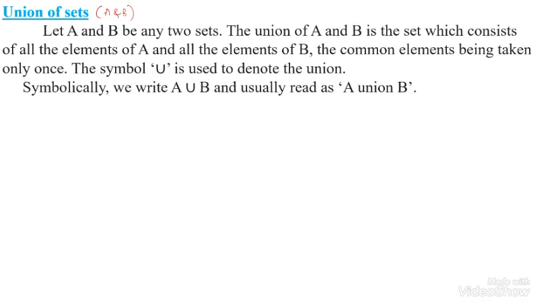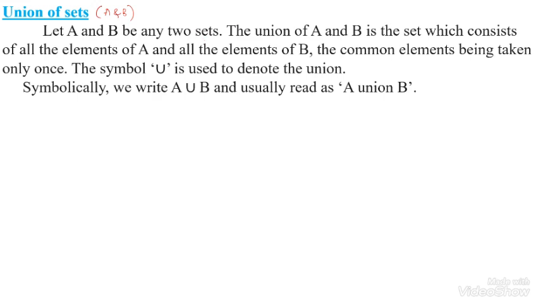First, the union of two sets. For the union, we must consider two or more sets. I will consider two sets A and B. Let A and B be any two sets.